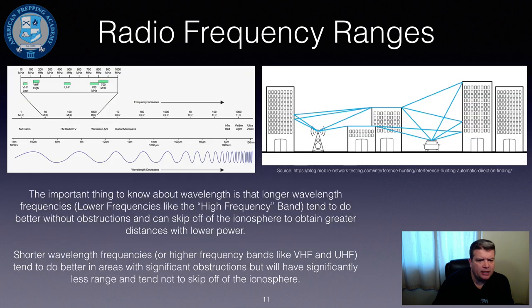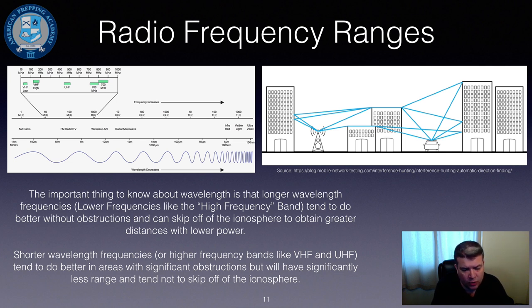Okay? All right, now let's talk a little bit more about frequency ranges. The important thing to know about wavelengths is that the longer the wavelength, which means the lower the frequency, like the high frequency band, and I understand this can get kind of confusing, so hopefully the slides will help make it more clear, they tend to do better without obstructions, and they can skip off the ionosphere to obtain greater distances with lower power.